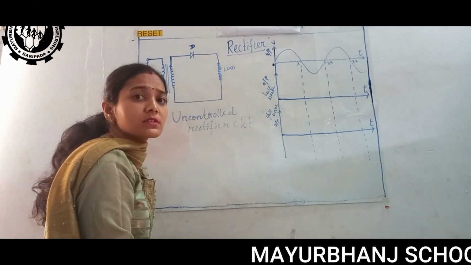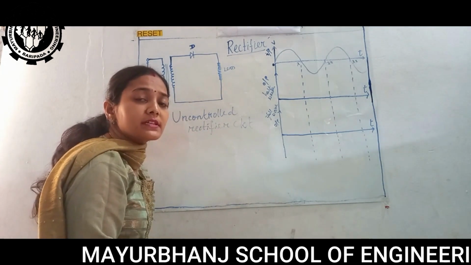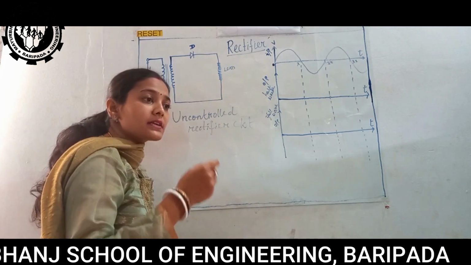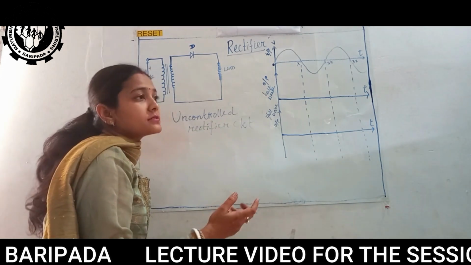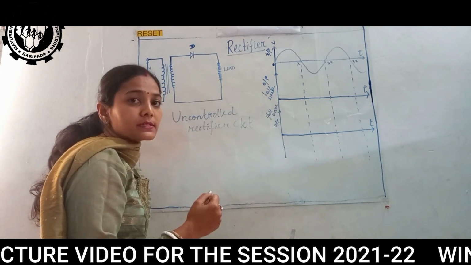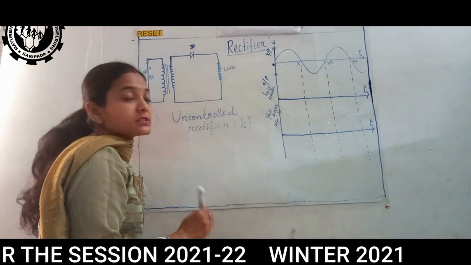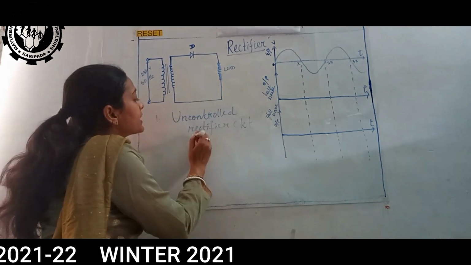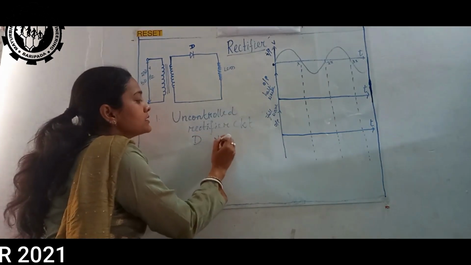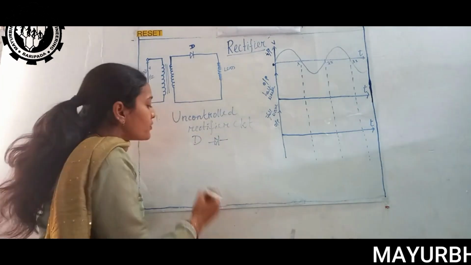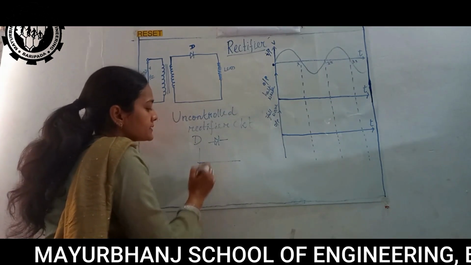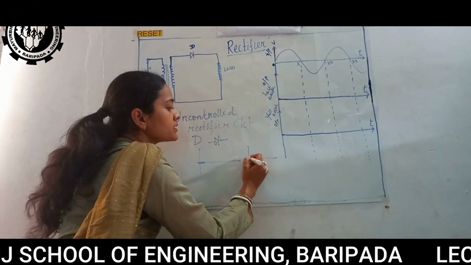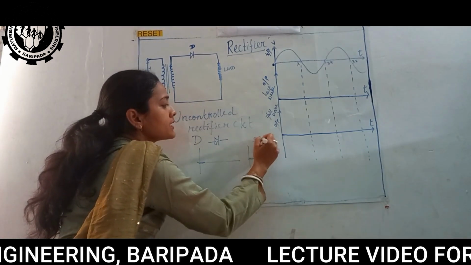Uncontrolled means we cannot control the triggering process or the starting on and off process. It is not in our hand to control that, because we use a diode over here. For a diode, there is no triggering angle, which is supposed to be in an SCR.